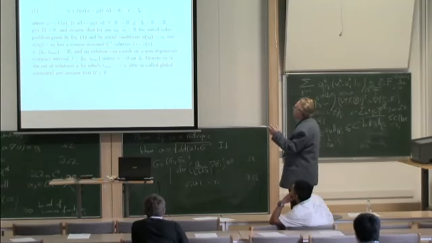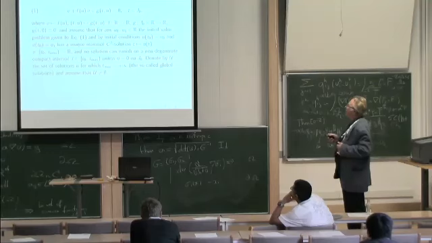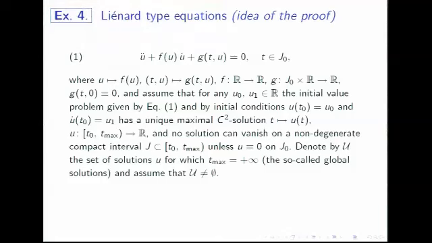I would like to show the idea of the proof of this method of investigating oscillatory solutions by means of the linear type equations. So here we can see the equation u double dot plus f(u) u dot plus g(t) u is equal to 0.